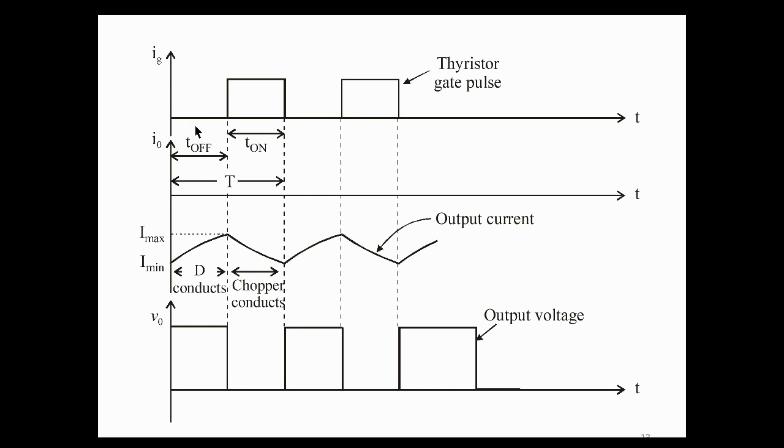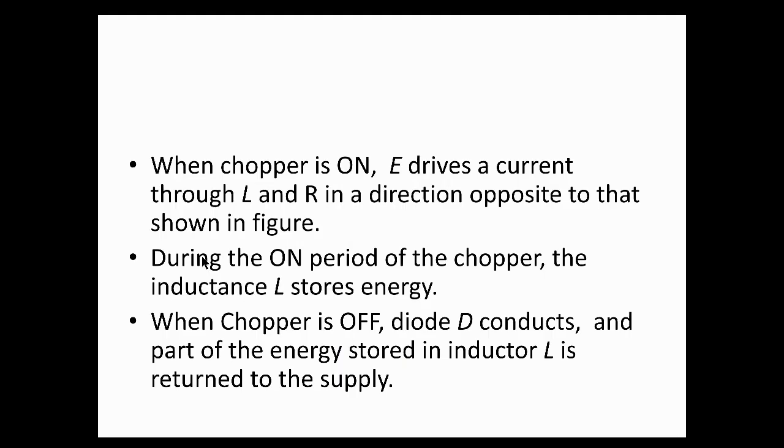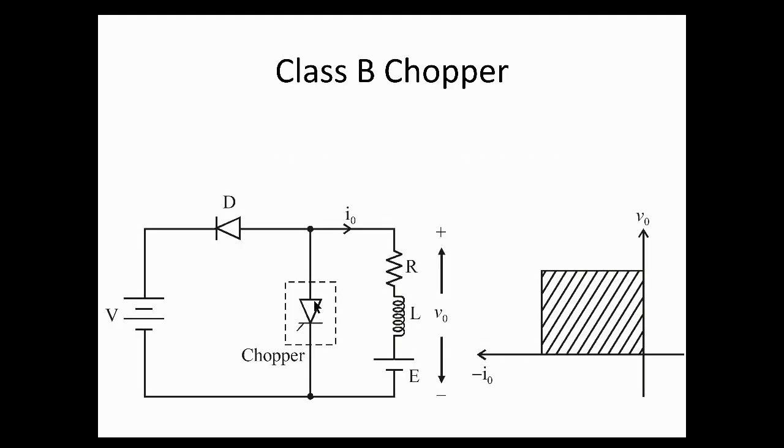You recall that the energy stored in the inductor, let me go back so that you can see what I'm saying. When the chopper is turned off, you can see clearly that energy stored in the inductor would now be released, and some of the power would be going back to the source through this diode.